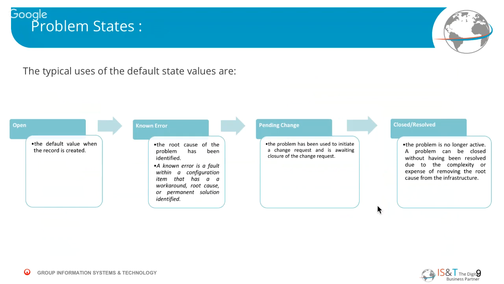The known error state is used when the root cause of the problem has been identified. The pending change state is used when the problem has been used to initiate a change request and is now awaiting closure of the change request, of course.